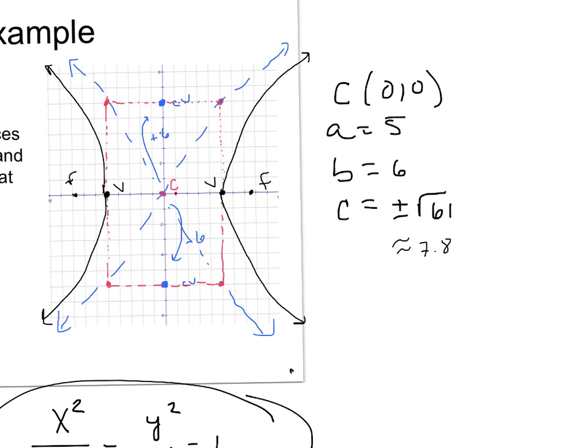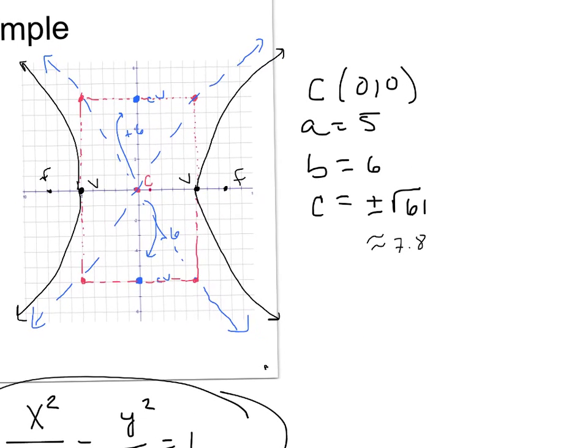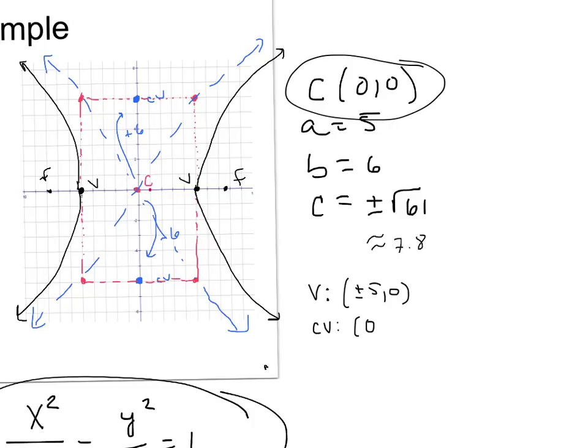I'm going to identify all the different things. I've already identified my center. My vertex was already given, so it's plus or minus 5, 0. My co-vertex, 0, plus or minus 6. And my focal points are going to be on the x-axis from the center, so plus or minus root 61, 0.